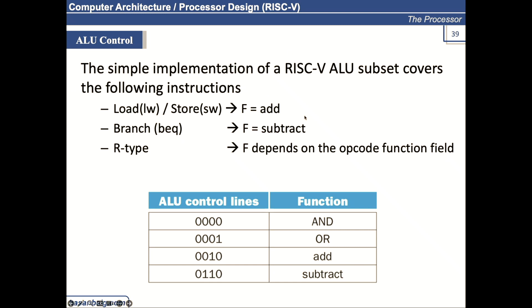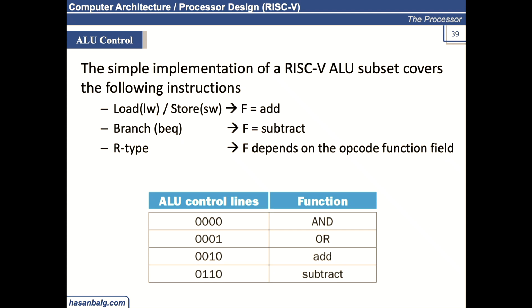So in the simple implementation, what does the ALU do when there is a load word or store word instruction? What does the ALU do in case of load and store instructions?